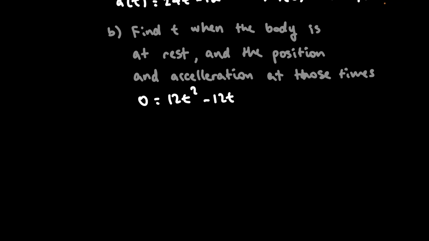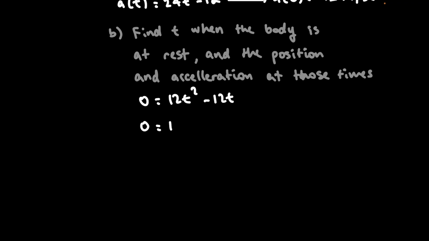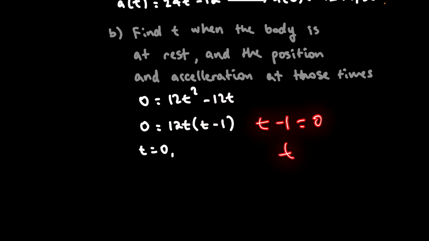If we wanted to solve this, we can say that 0 equals 12t, and we can factorize a t and a t minus 1. So using the null factor law, we can say either t must be equal to 0 or t take 1 must be equal to 0, in which case t is simply equal to 1.